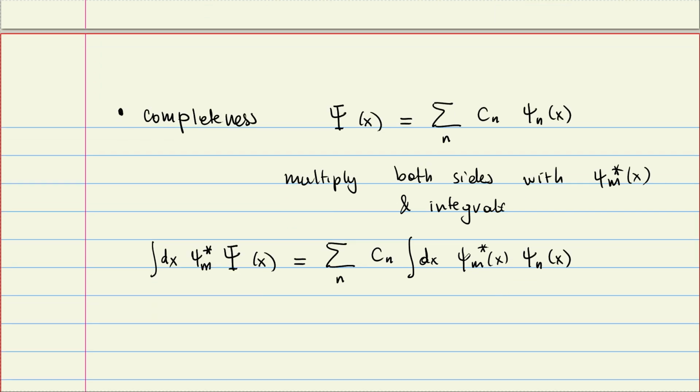But we just showed this delta m n inside this summation. Whenever I am summing over all possible n's, C1, C2, C3, whenever my n is equal to m, I pick it up. Otherwise, all the other ones are 0. So this immediately gives me Cm. That's a nice thing about the Dirac delta function.